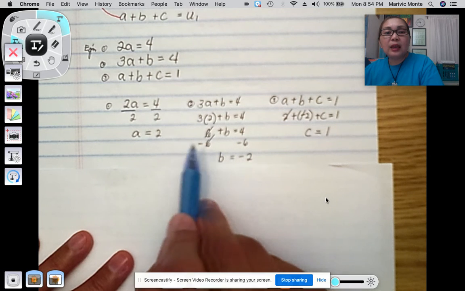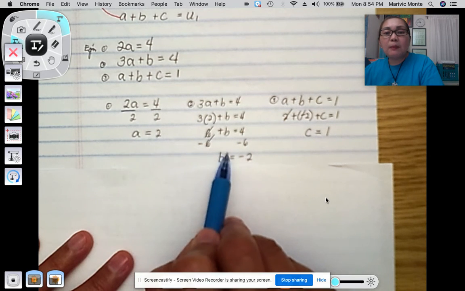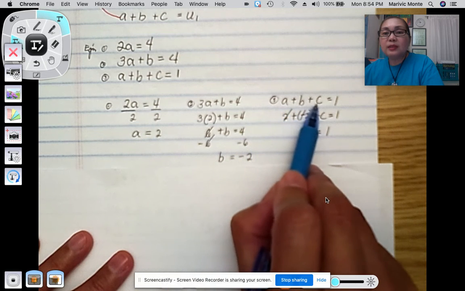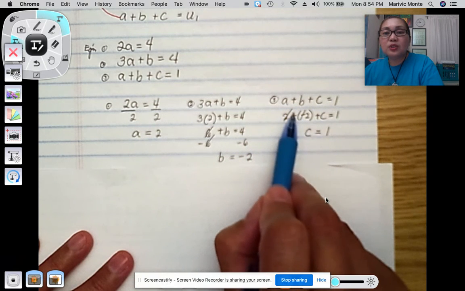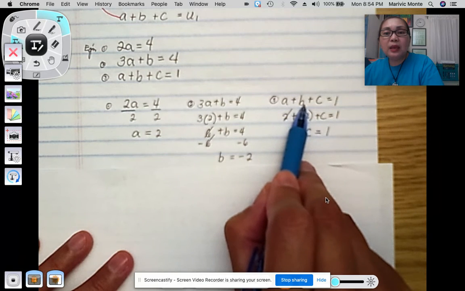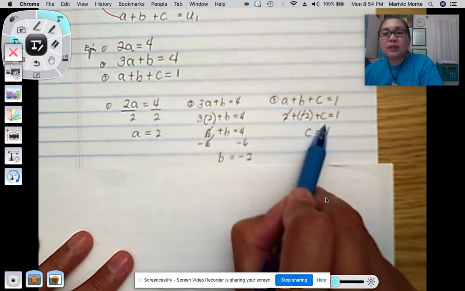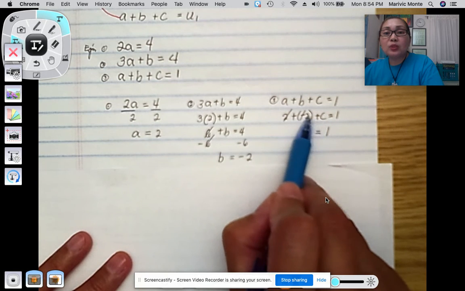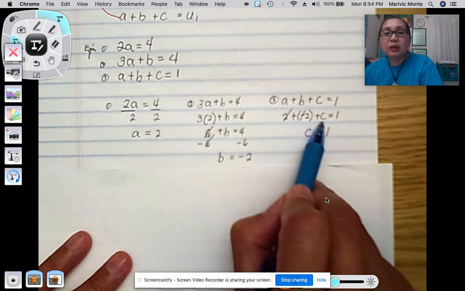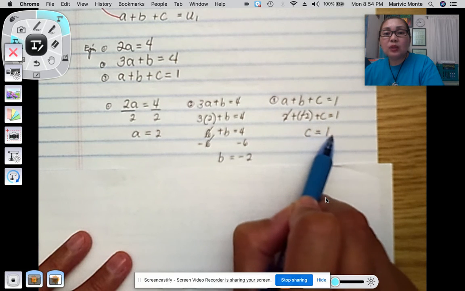Then again, using the values of a and b in your third equation, a plus b plus c equals 1, substituting 2 for a and negative 2 for b, we just have c as the remaining variable once we cancel out 2 and minus 2. It's going to leave us c equals 1.